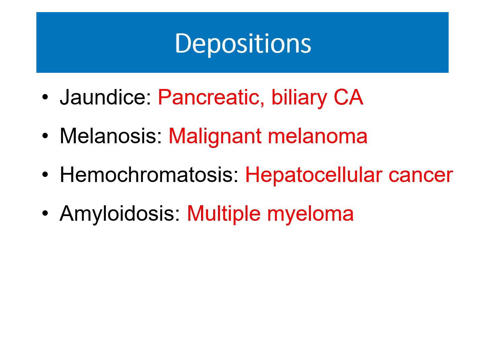Melanosis, where you have lots of melanin secreted by a malignant melanoma depositing in the skin. Hemochromatosis, where you have iron, which could be associated with an underlying hepatocellular carcinoma. And finally, amyloidosis, systemic amyloid, which could also be associated with an underlying multiple myeloma.